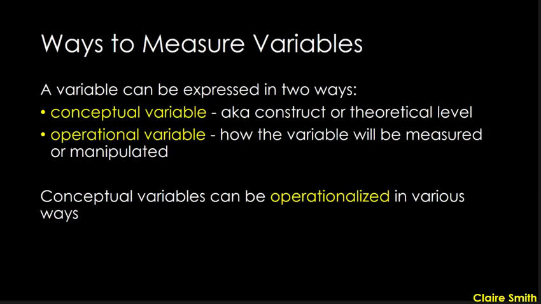Okay, so obviously we've already talked about variables, right? It is something that has at least 2 levels. It can vary. And a variable can be expressed 2 ways, which again, we've already talked about. We can have conceptual variables or operational variables. Conceptual variables, like we talked about last week, are ideas that are kind of in the clouds, a theoretical idea.